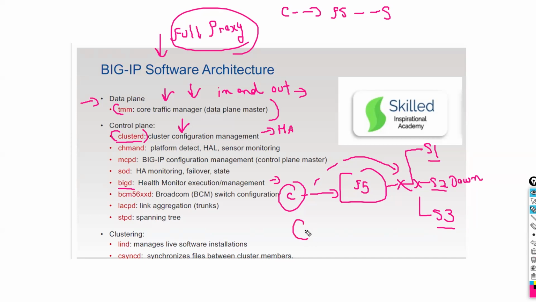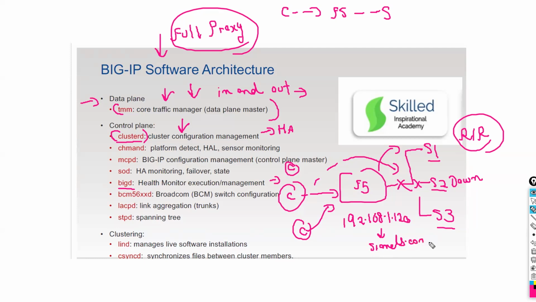Let's say I have three clients. For one client, F5 will send the traffic based on round robin to server one. But the next client hits the same virtual server. Let's say the website is 192.168sianets.com. If health monitor is not there, then F5 can send traffic to this server because F5 does not have any visibility.